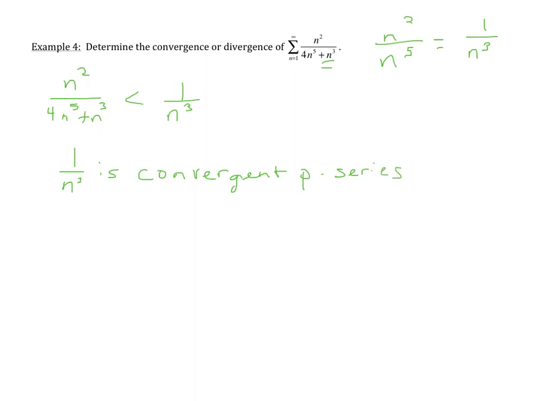All right, and since it is the larger series and it is converging, then therefore the series, n equals 1 to infinity of n squared over 4n to the 5th plus n cubed, converges by the direct comparison test.